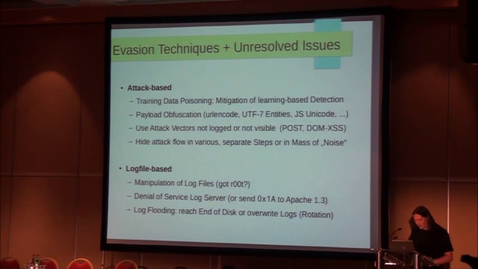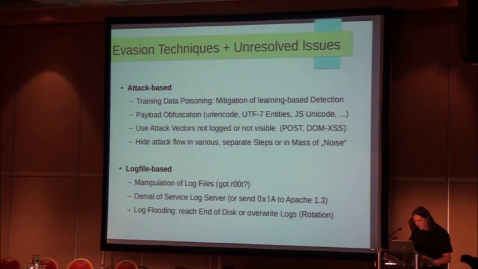So just carrying out your attack with POST instead of GET will simply be an effective way to evade detection in forensics later. And the Apache developers don't really make it too easy to log POST data. So then we have some attacks that are just not visible to the server because they are never transmitted there, like DOM-based cross-site scripting.